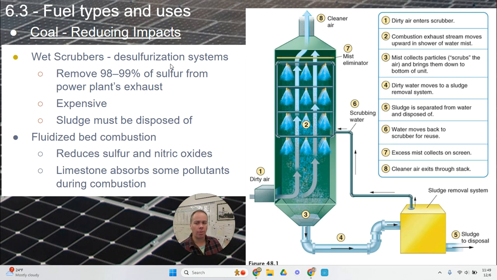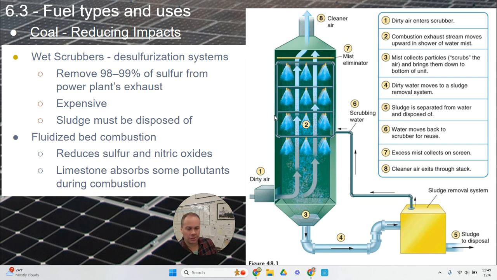One example are scrubbers. Okay, this is a wet scrubber, and basically, the air that's coming out of the burning of coal comes through this wet scrubber, and as it rises, there are sprayers which mist that gas that's being released, and that mist clings to particles of sulfur and other materials and drips down, and that material is captured and can be disposed of rather than having it emitted into the atmosphere.